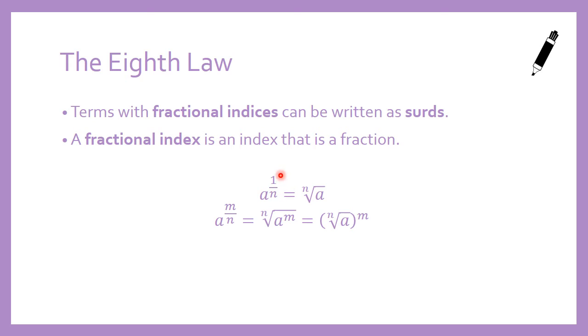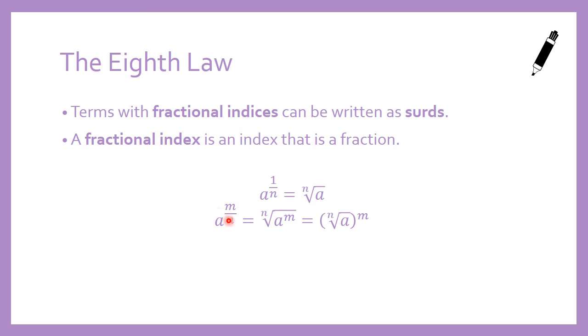If I have 1 over n, I'm finding the nth root. In more simple terms, if I'm raising a to the power of 1 over 2, then my simplified version is the square root of a.